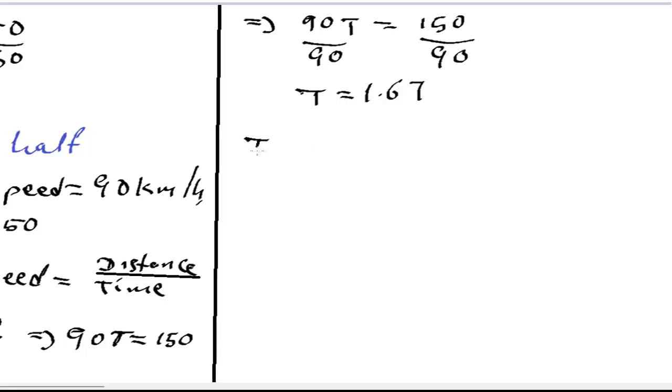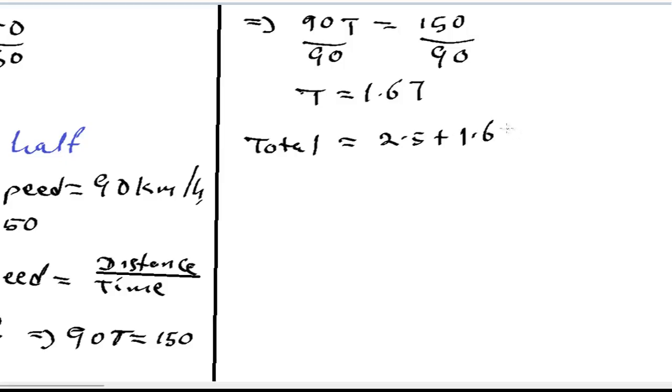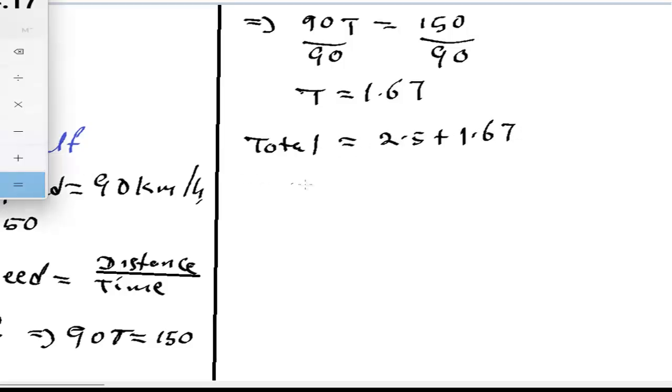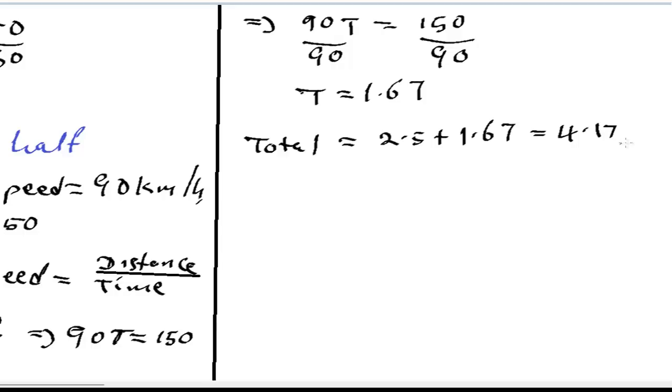So we now proceed to find total time. That will be equal to 2.5 for the first half of the journey, and then the second half 1.67, getting 4.17. So we can now proceed to find the average speed for the entire journey.